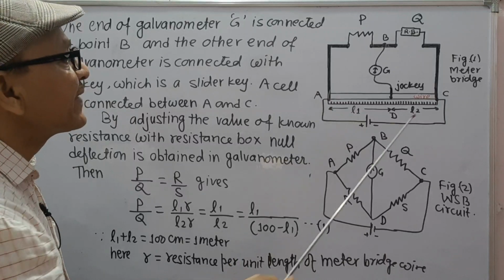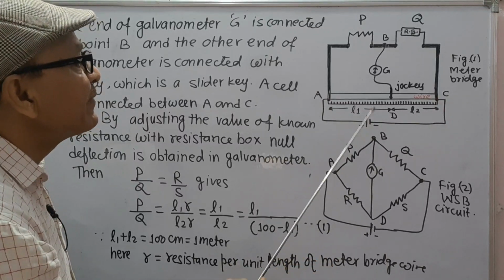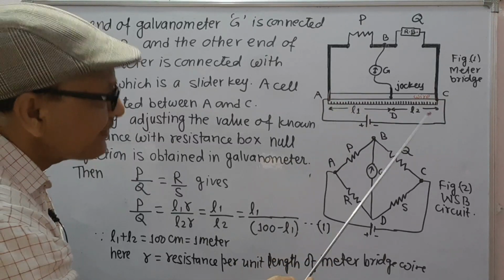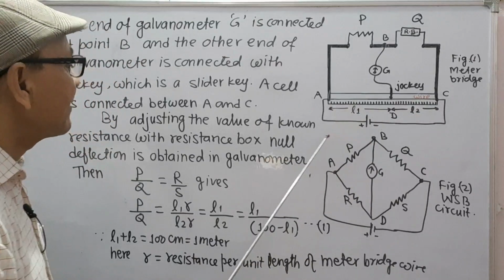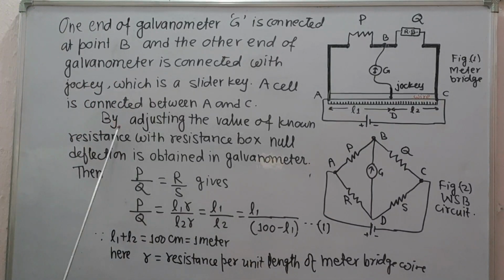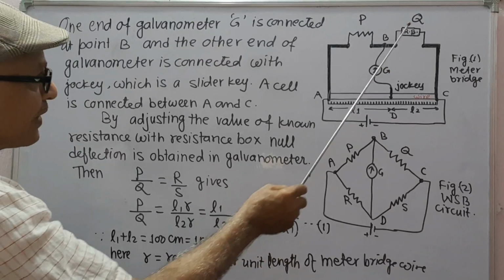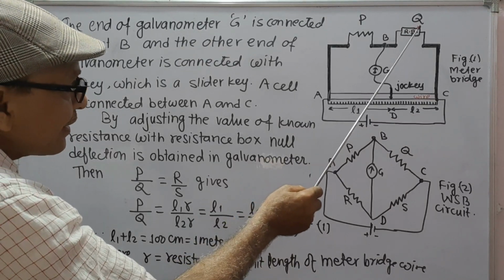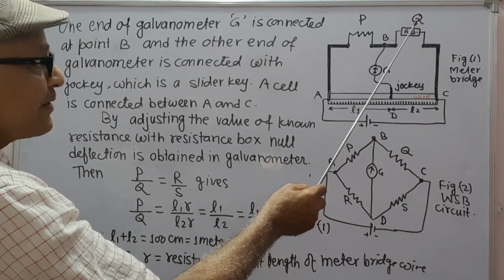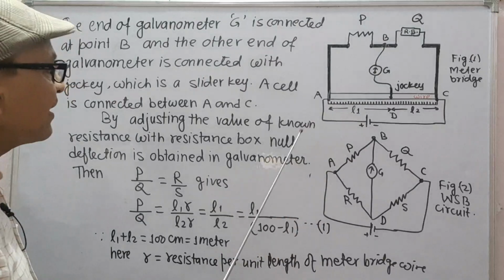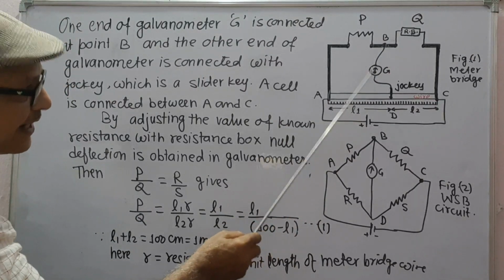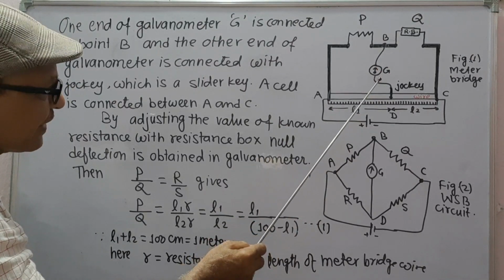A potential difference is applied between ends A and C of the wire with a cell. By adjusting the value of known resistance Q with the help of resistance box, we find the null deflection in the galvanometer.